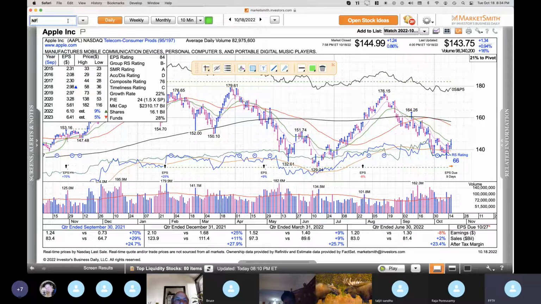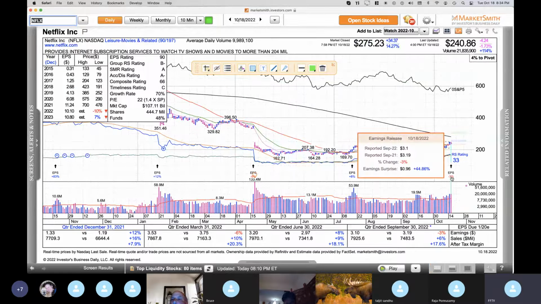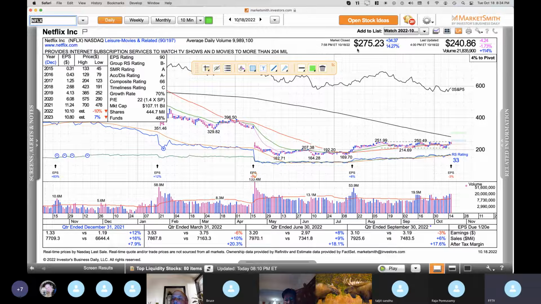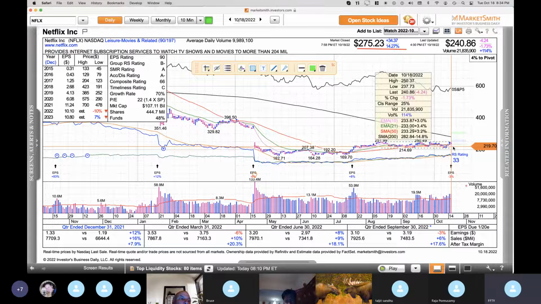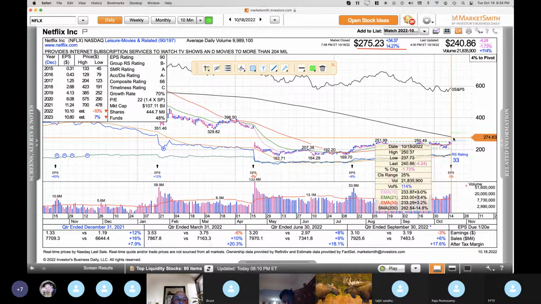Netflix reported earnings today, and they got negative growth, but they put a surprise of 44.86%, and the stock has a gap already after hours, but below the 200-day. The 200-day is 282, and right now it's at 275, so very close.